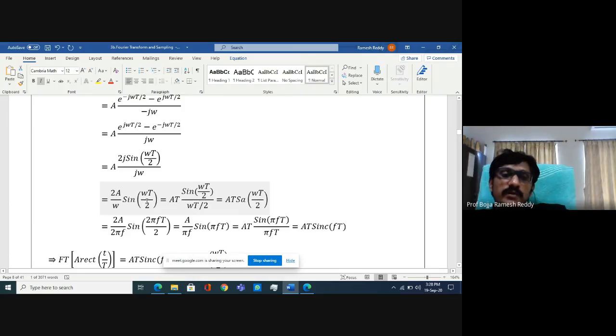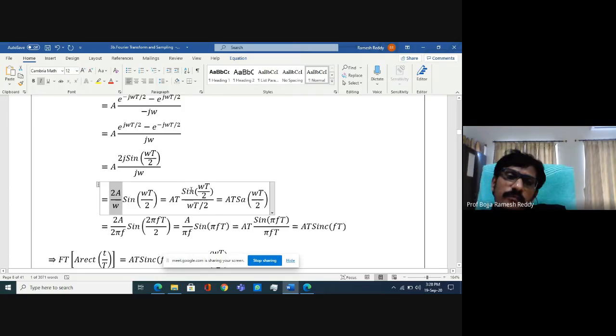This is the answer. Now convert this into sampling and sinc functions. 2A by omega into sin omega T by 2. For convenience, divide by omega T by 2 and multiply by the same; here T gets cancelled and the result becomes 2A by omega only. Instead of writing 2A by omega, I have taken it like this: A T into sin of omega T by 2 over omega T by 2. Both are the same.